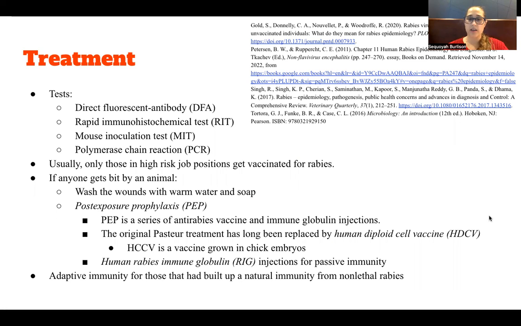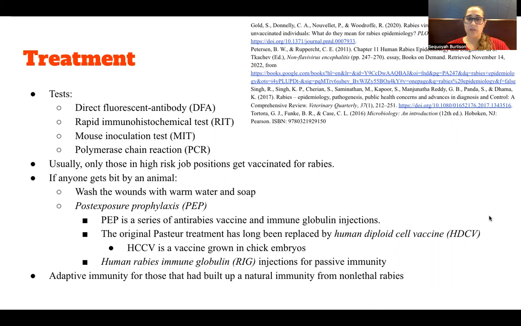These are a series of anti-rabies vaccines and immune globulin injections. This allows the body to make its own antibodies against the rabies virus before true infection takes place in the nervous system.